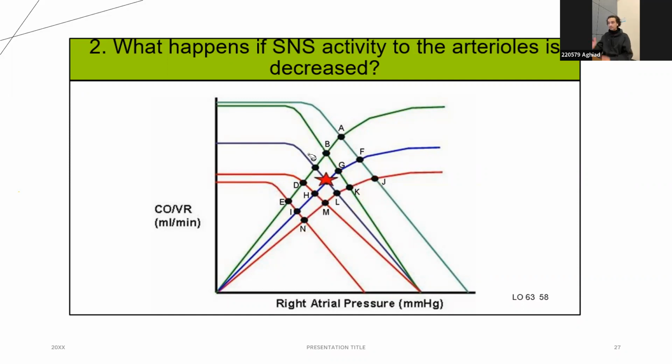There is no change in venous return, either by blood volume or venous compliance. Yes, perfect. G. See how the graph? Decreased sympathetic nervous system activity to the arterioles means dilation, more blood is flowing, right? So it's G. Is it clear, everyone?